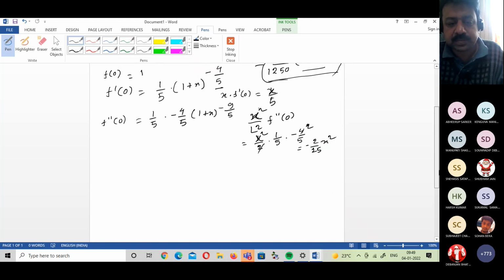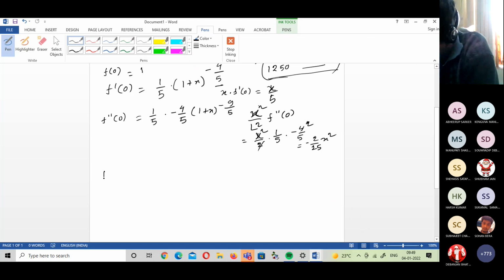f triple dash 0 will be 1 by 5 into minus 4 by 5 into minus 9 by 5, (1 plus x) to the power minus 14 by 5.